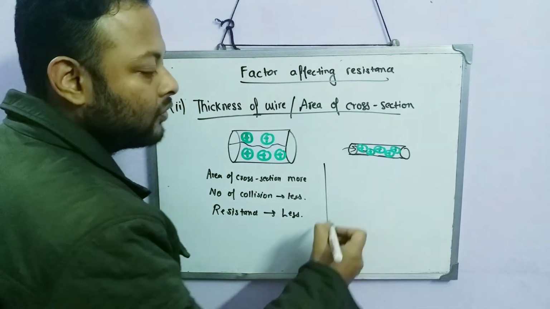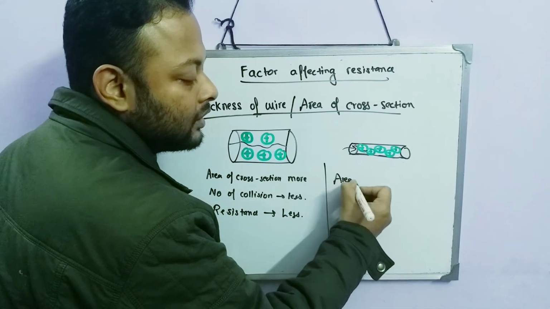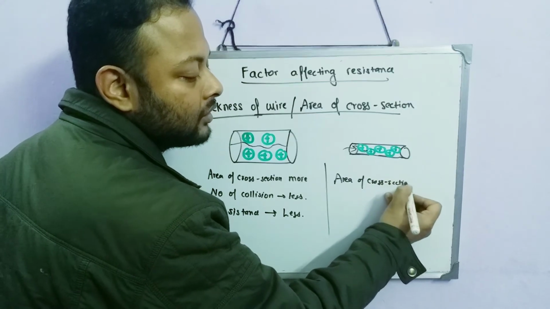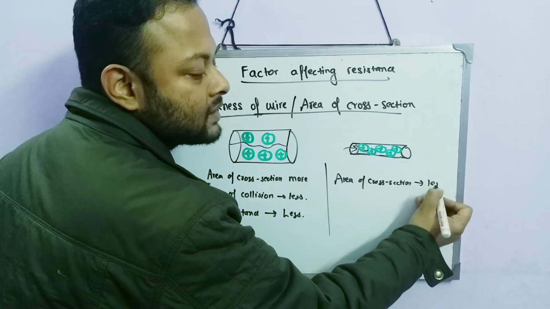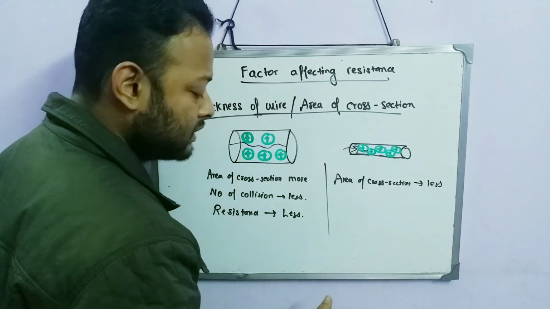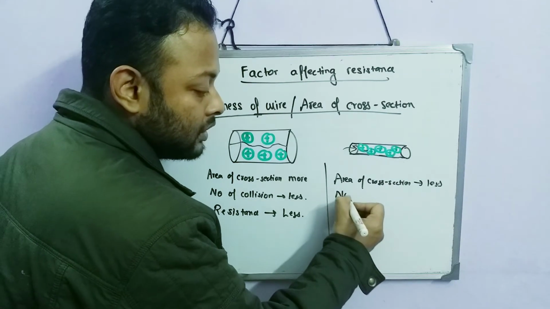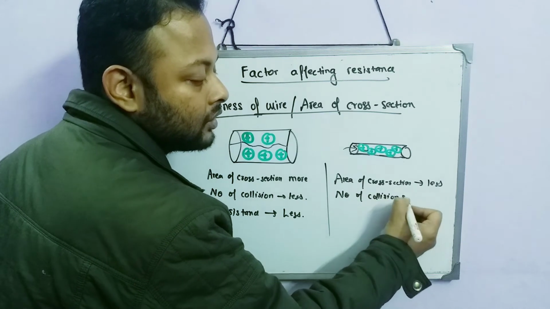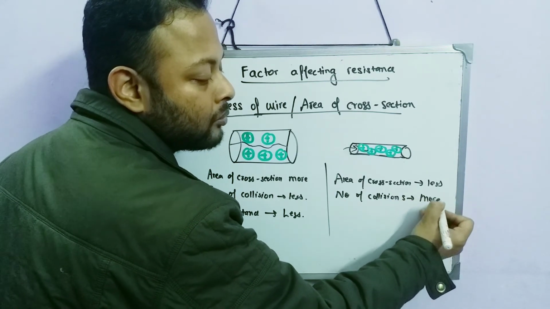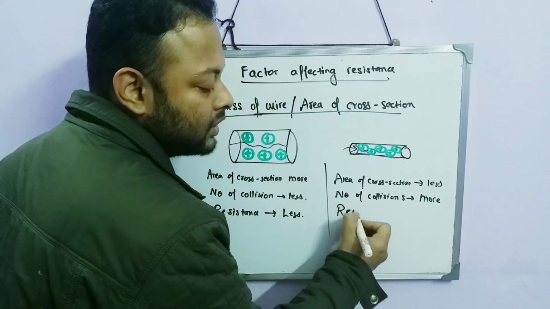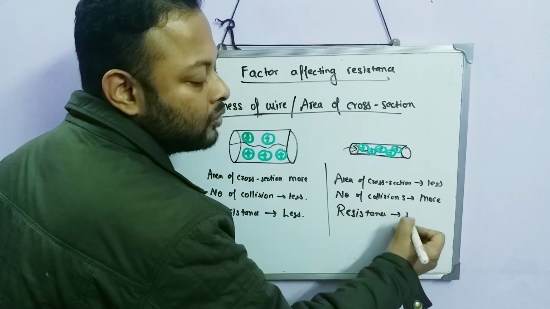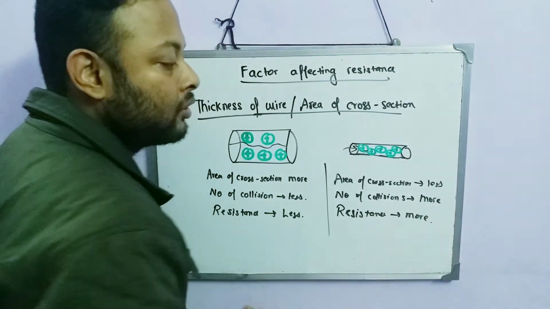On the other hand, over here area of cross section is less. So what happens? Number of collisions will be more, and if number of collisions becomes more, the resistance also becomes more.